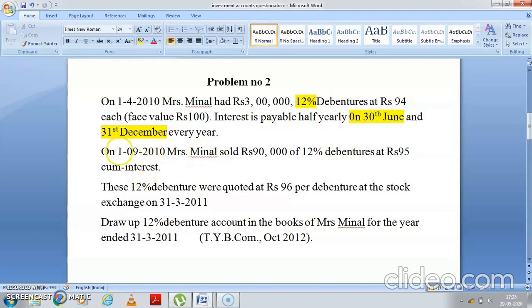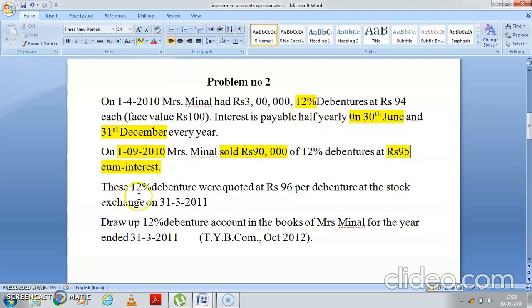On 1st September 2009, see, I'm going to mark all my important things. Meenal is selling 90,000 debentures at rupees 95 cum interest. I have told you the meaning of cum interest. Again, I'll explain it while solving the problem. Okay, students?